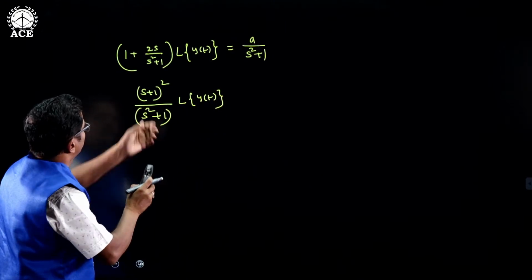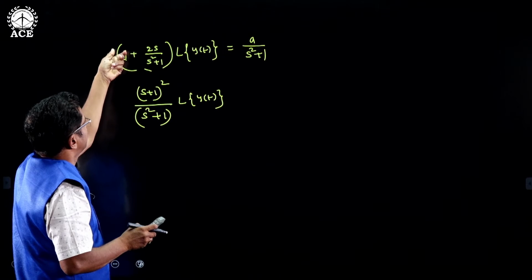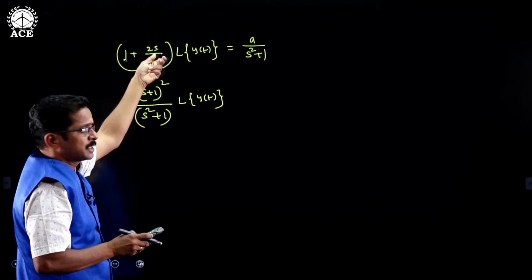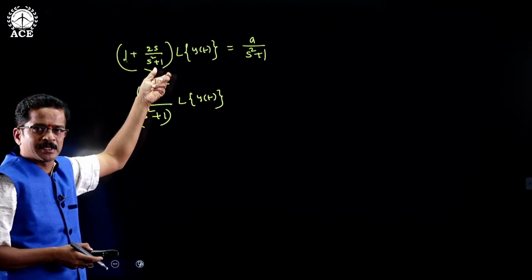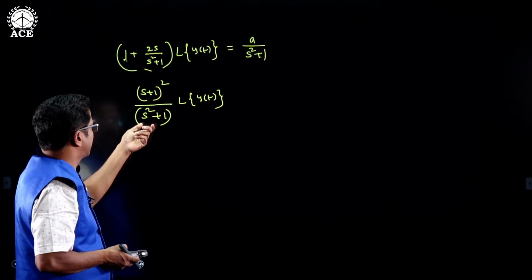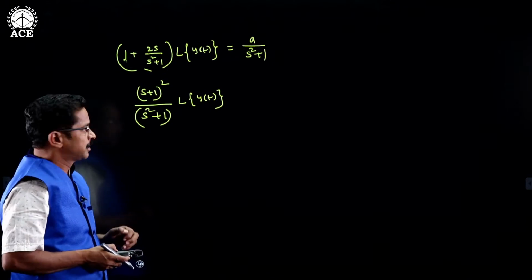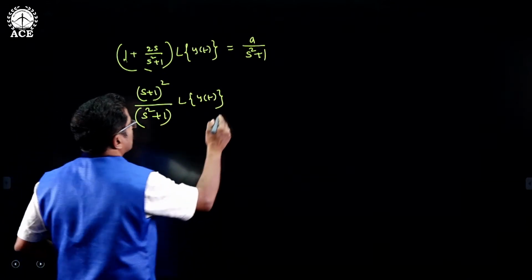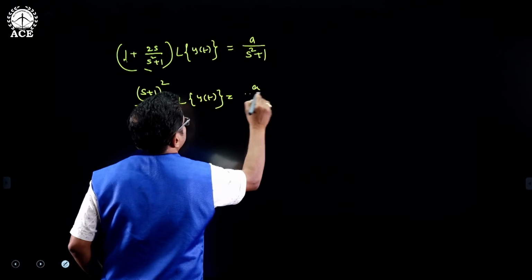Isn't it? s square plus 1 plus 2s is nothing but the a square plus b square plus 2ab form. That is going to be a plus b whole square, with the denominator as it is, into L of y of t equals a by s square plus 1.